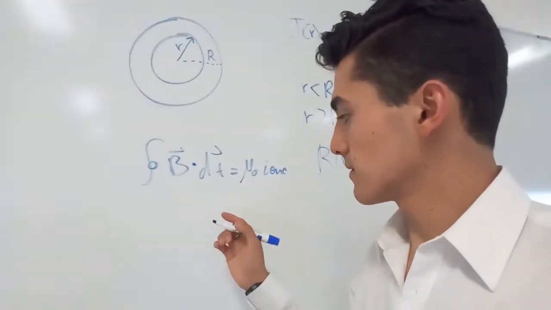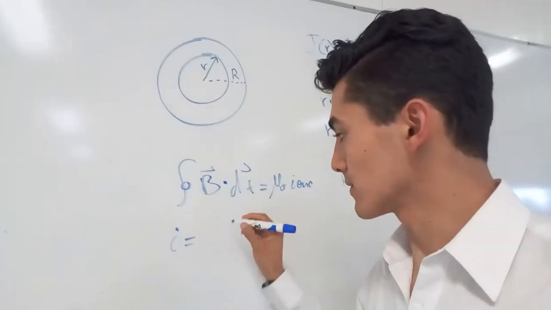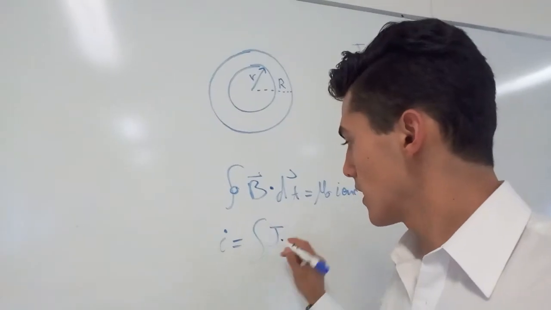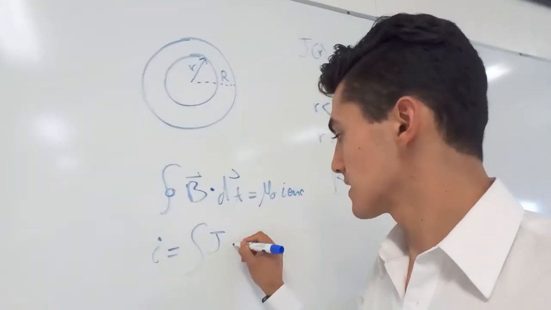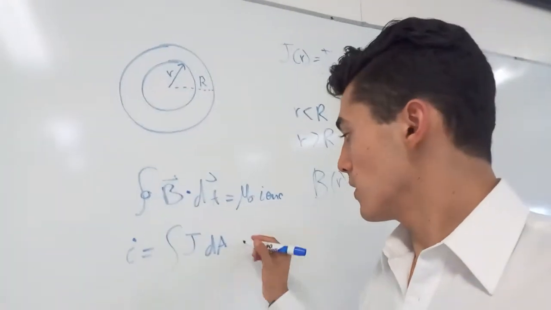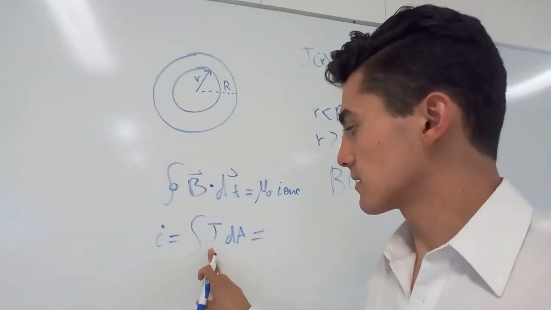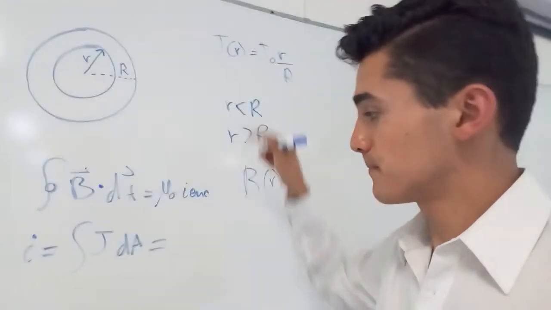But we also know that the enclosed current is equal to the integral of the current density times the differential of the area. So we can substitute here the given current density.